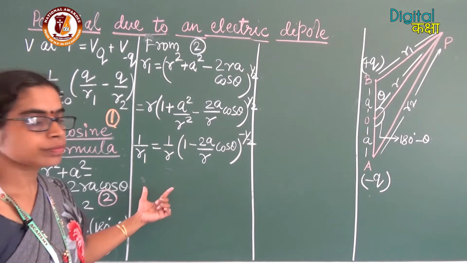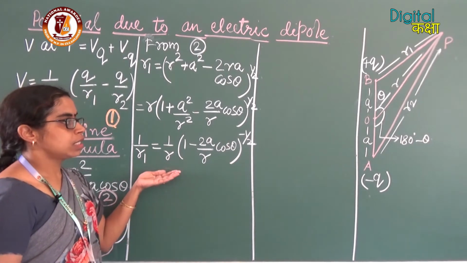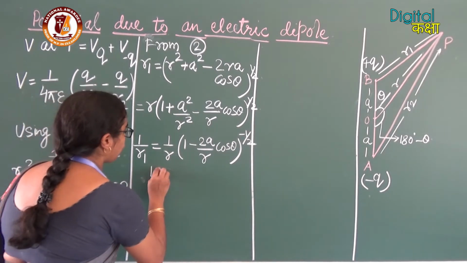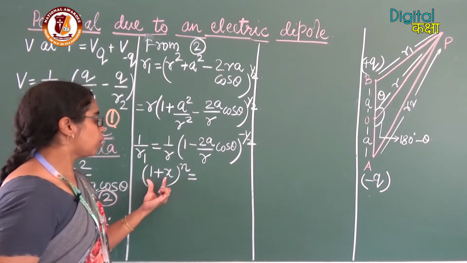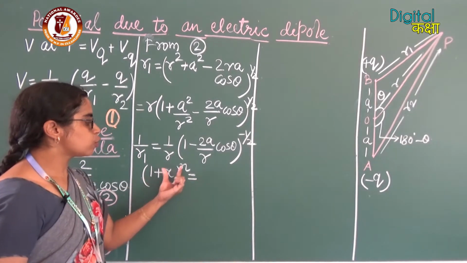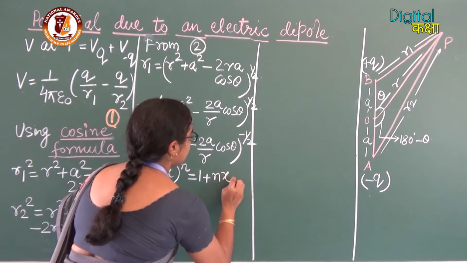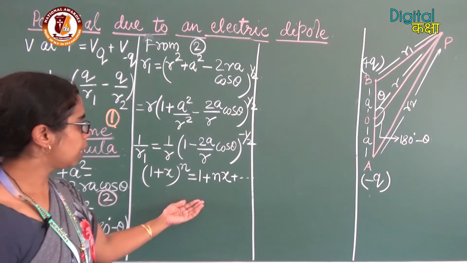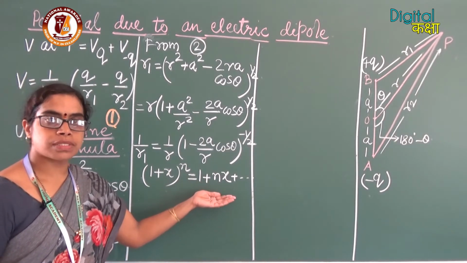Now, in order to solve this equation further, we will be using the concept of the binomial theorem, according to which the formula is 1 plus x to the power n is equal to 1 plus nx, and there are many more terms, but we need the values of the first 2 terms.